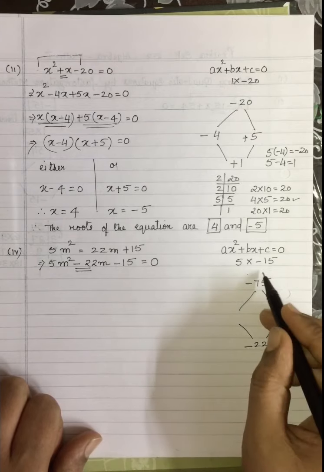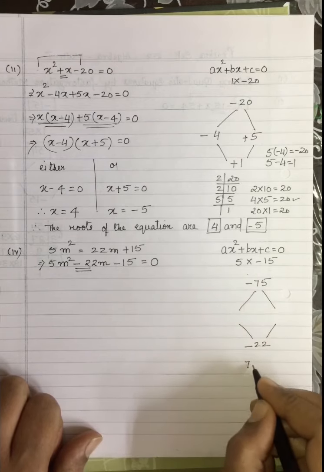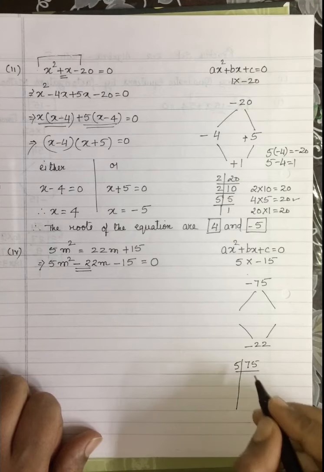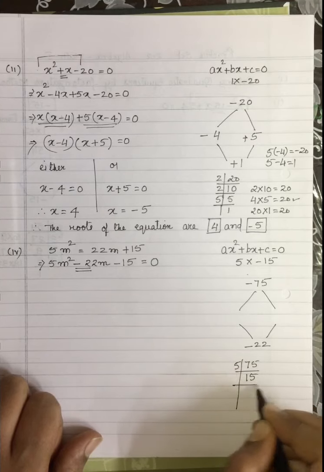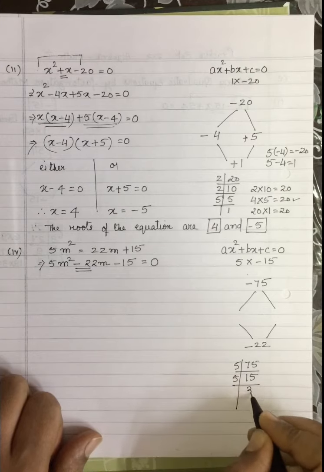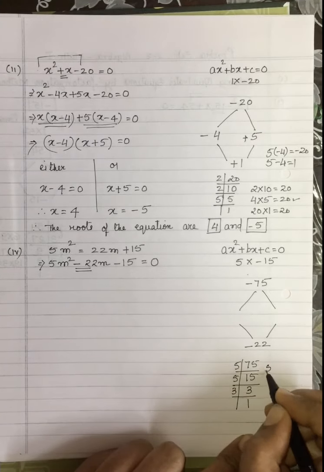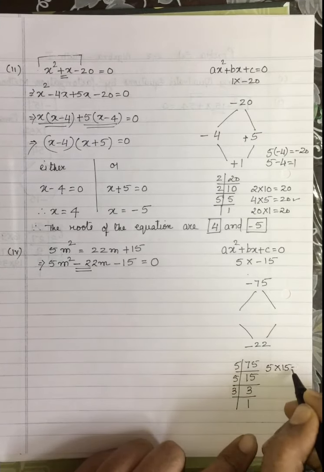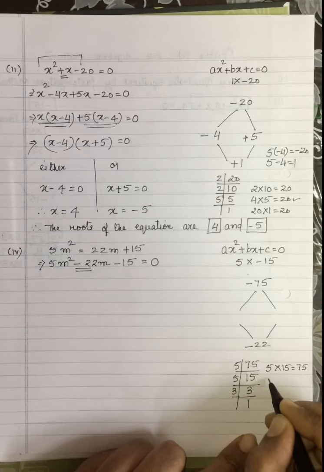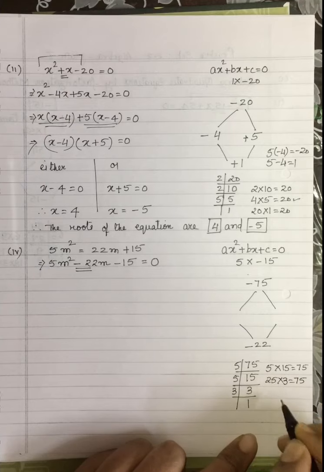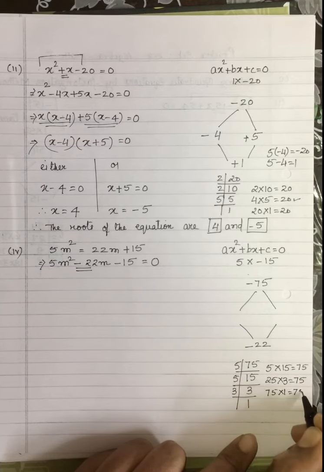So you have to find the factors of 75, children. Always remember prime factorization: 5 fifteens, 5 threes and 3 once. So you have many combinations. 5 fifteens is 75, 25 threes is 75, even 75 once is 75.